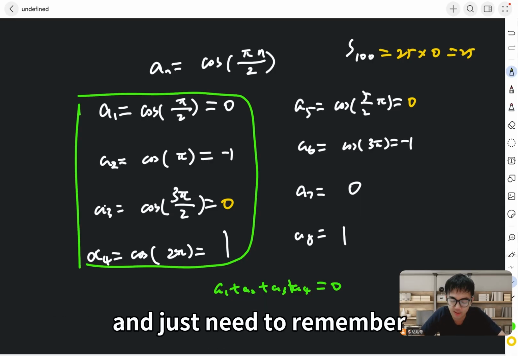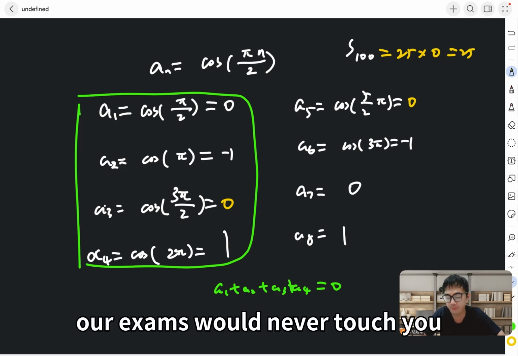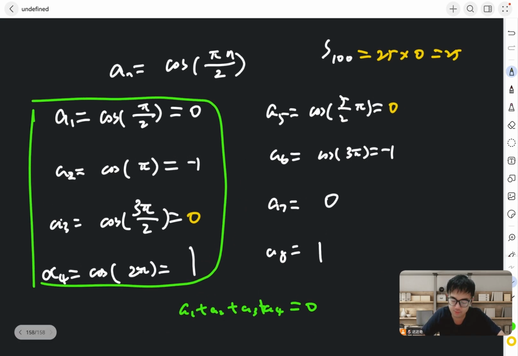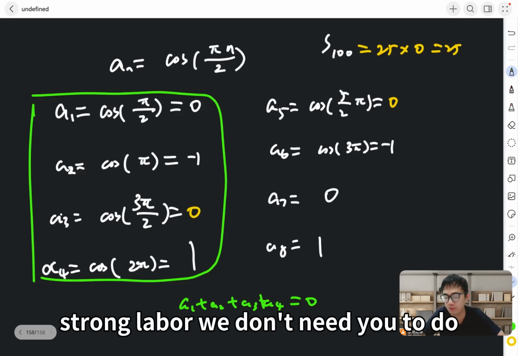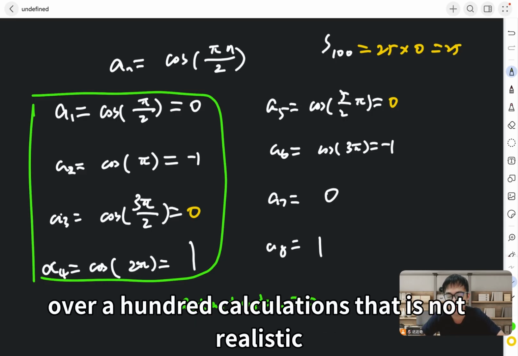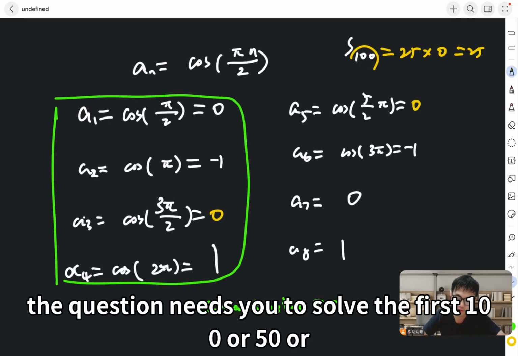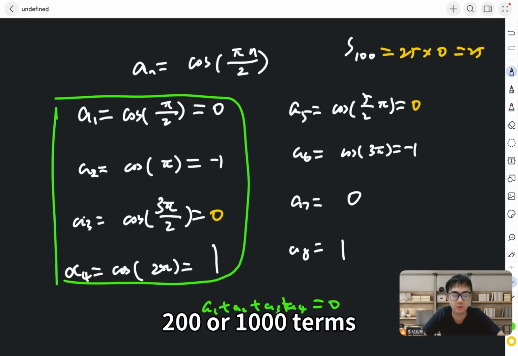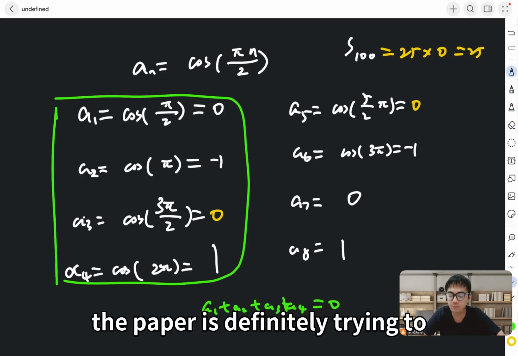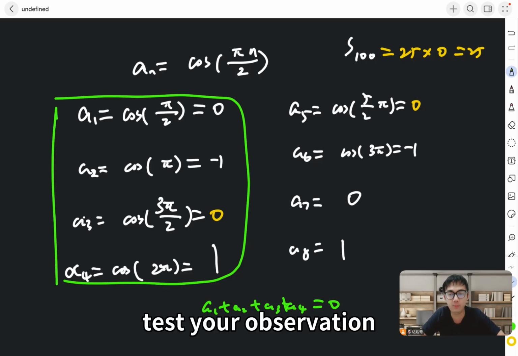Just remember, our exams would never test you as strong labor. We don't need you to do over 100 calculations. That is not realistic. So if the question needs you to find the sum of the first 100 or 50 or 200 or 1000 terms, the paper is definitely trying to test your observation.